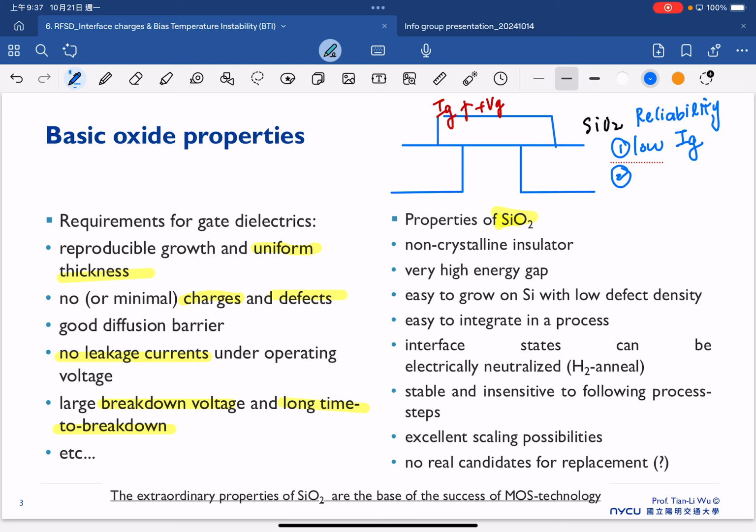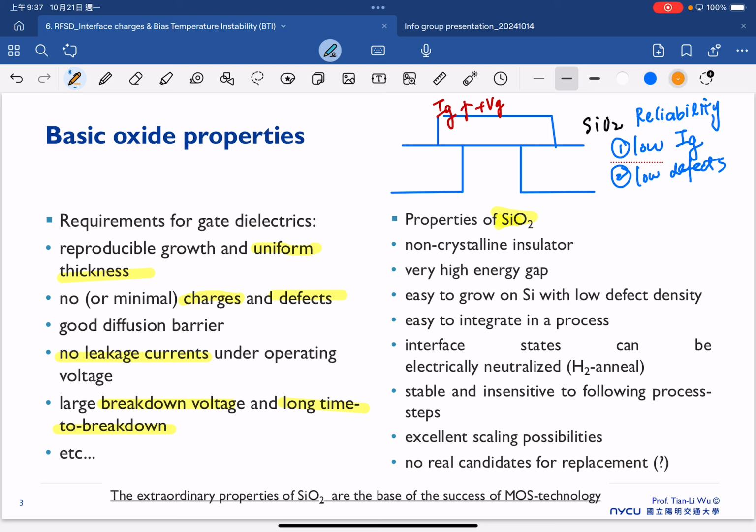we want the silicon dioxide dielectric to have good reliability, so we expect a very low defect. So the defect, we hope to have very low defect inside the dielectric.